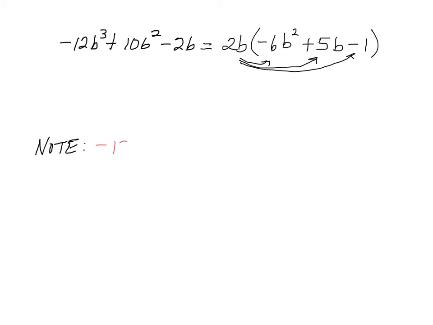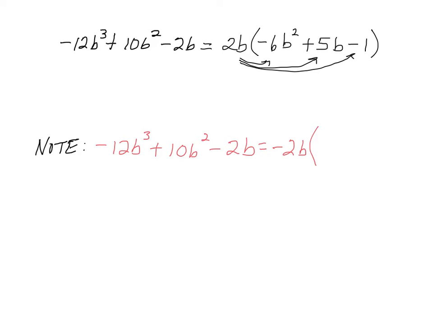If I have -12b to the 3rd plus 10b squared, same thing we just finished doing, let's say we factor out a -2b. See how that's different from what we factored out before. But all it's going to do is change the sign of everything that we have as our remaining expression.